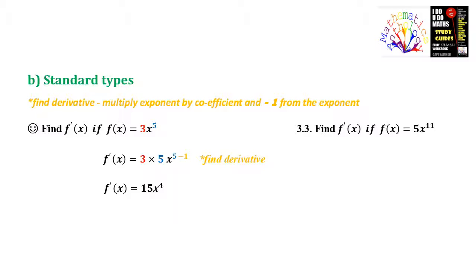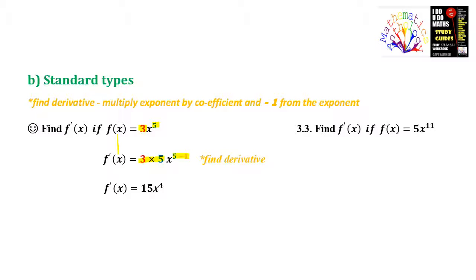To find the derivative, f of x will become f prime x. You multiply the coefficient, which is 3, by the exponent, which is 5. Here we go, 3 times 5. Your base stays as x, and you subtract 1 from the exponent of 5.